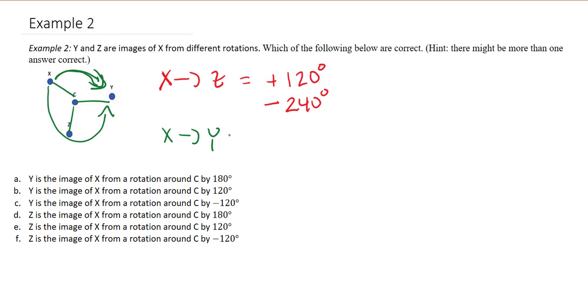Not counterclockwise. So that's going to be negative 120 degrees, about. We're going to say it's about. Now, if we went the other way, going counterclockwise, it's going to be positive 240 degrees.